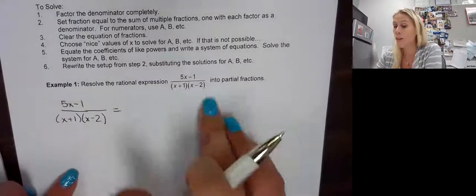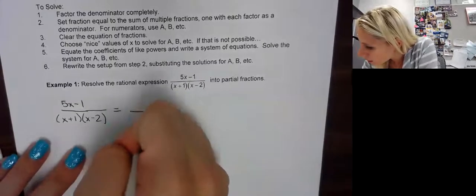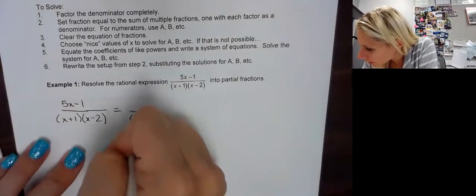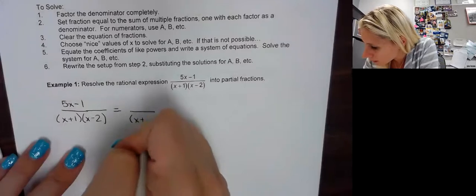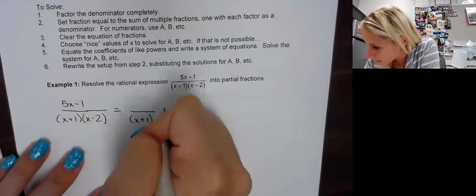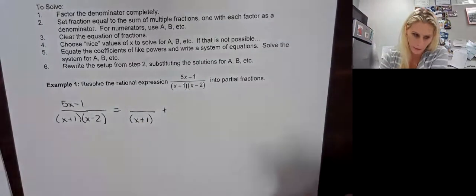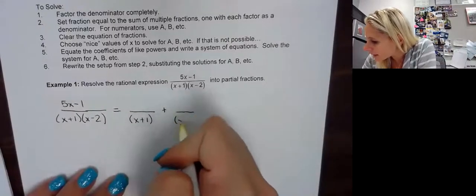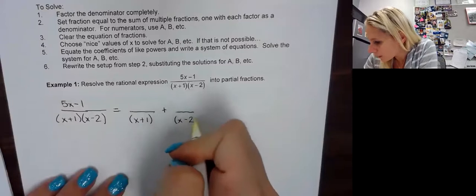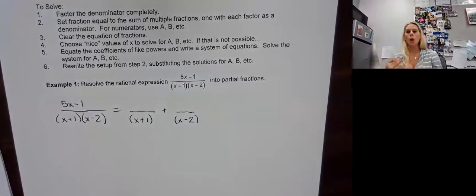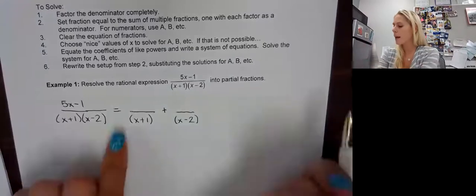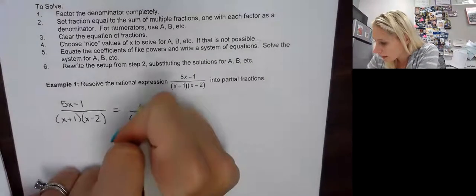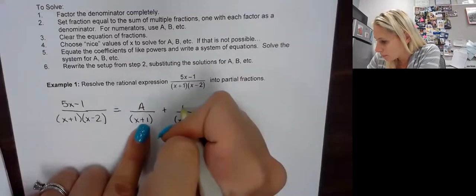So since there's two factors here, we're going to have one that is over x plus 1. We're going to add, right? We're going to keep it simple on ourselves and keep an addition here. And the other one is x minus 2. Now, what we don't know is what's in the numerators there. So how we're going to break that up is we're going to say A plus B.